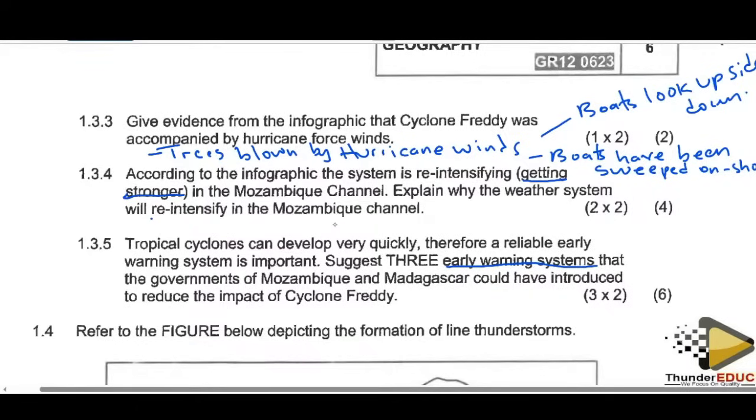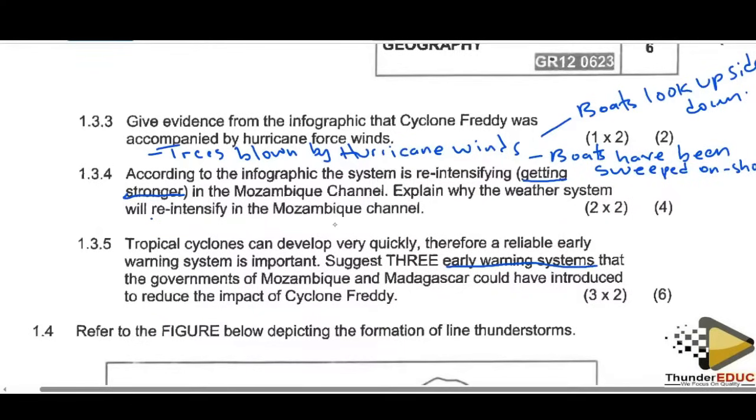Remember, dear learners, when they say early warning systems, they are not referring to strategies to put in place to reduce the impacts. Because some learners for these questions might think of things like first aid, evacuation centers, having sandbanks at the coast. Those are not warning systems.